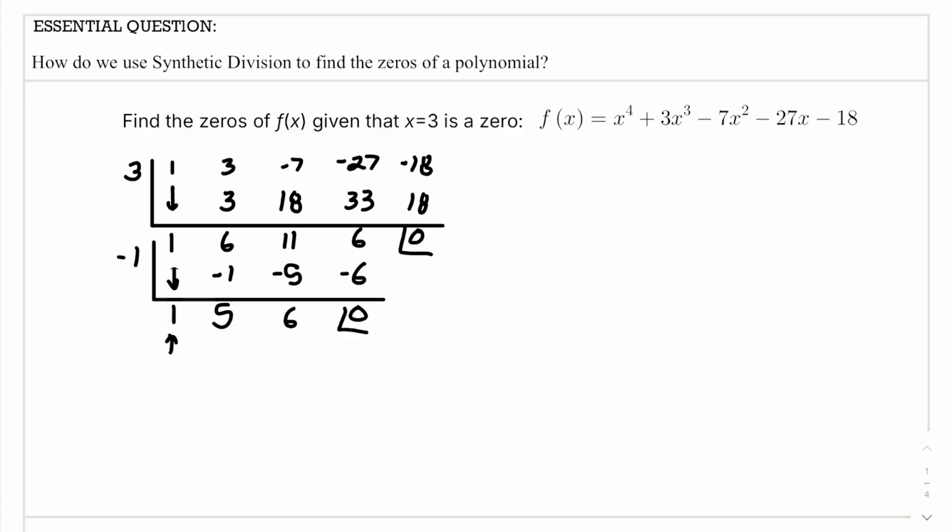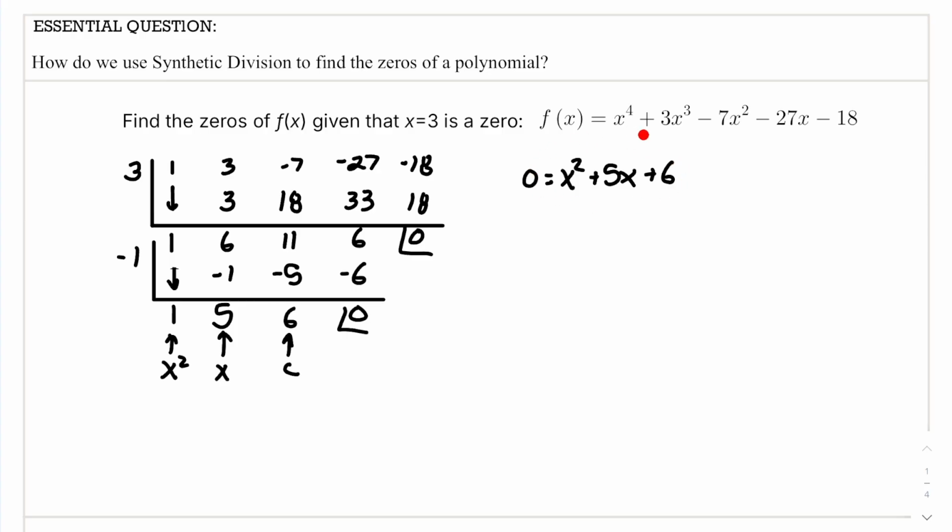So now, remember, we've taken it down 2 degrees, so this is going to be x squared, x, and our constant. So that leaves us with the second degree polynomial, or the quadratic. 0 equals 1x squared plus 5x plus 6.